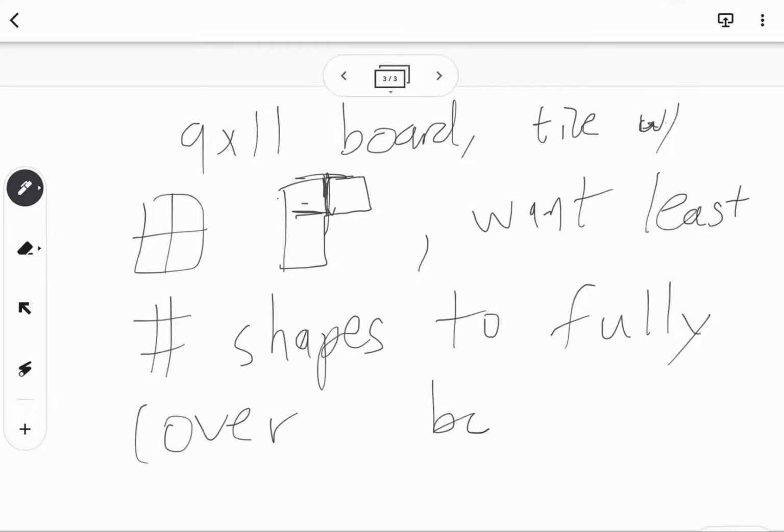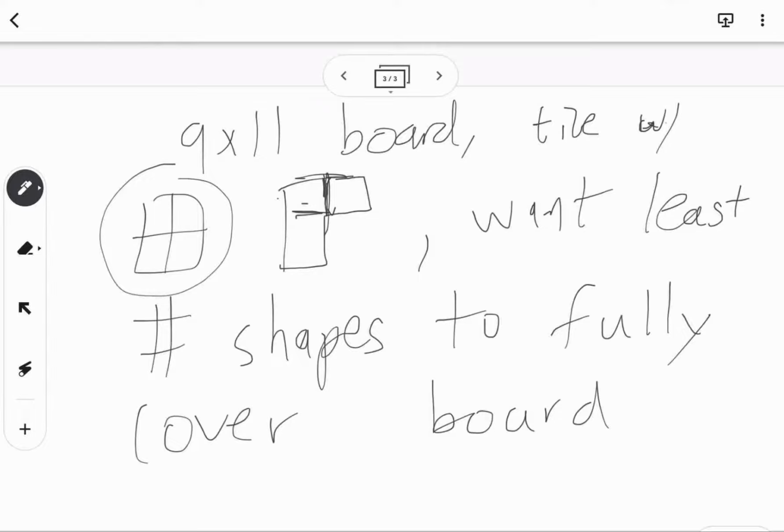Whenever you see one of these types of problems, the simplest way is to try to cover some boards. And if you want the least number of shapes, you want more of the squares, right? Because they cover more area: it's one shape, but it covers 4 squares instead of just 3 squares.